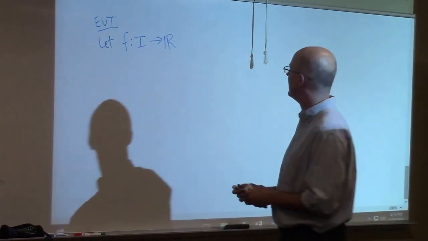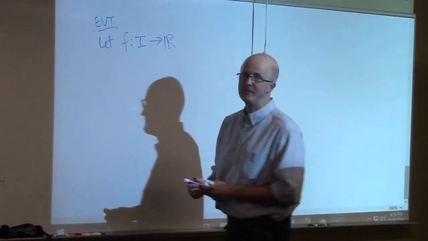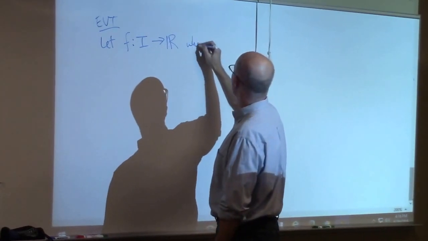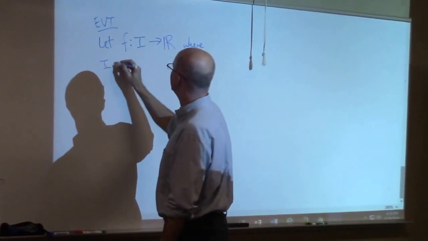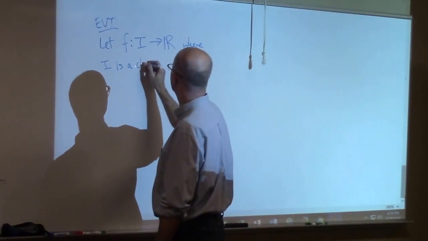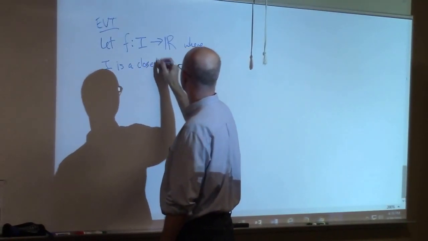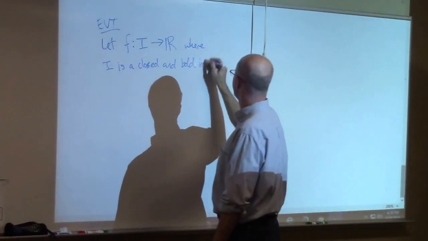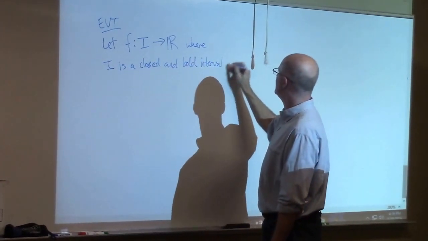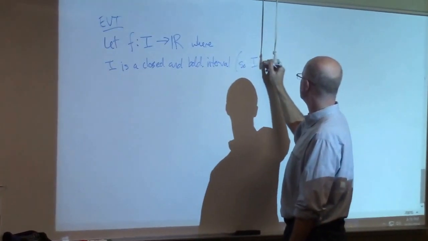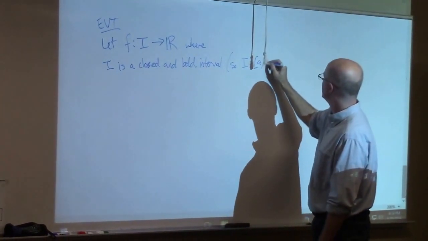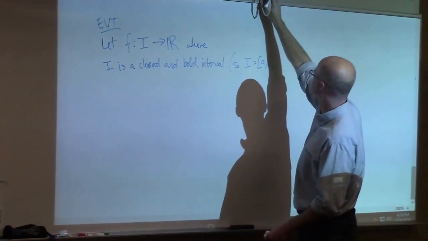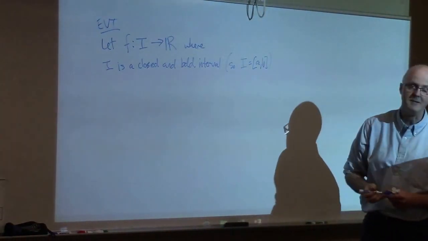But for the extreme value theorem, I does have to be a certain kind of interval, where I is a closed and bounded interval. So you could add I would equal the closed interval from, say, a to b, if you wanted to, where a is implicitly assumed to be less than b.